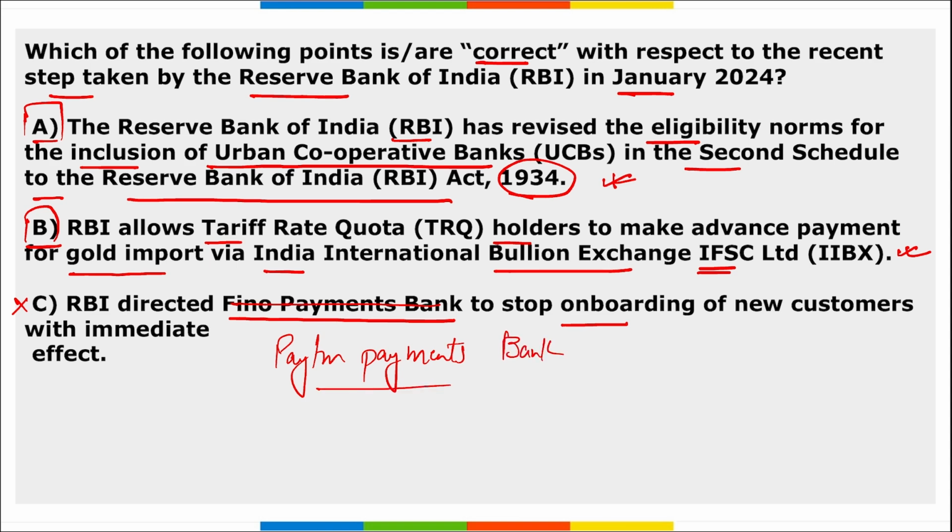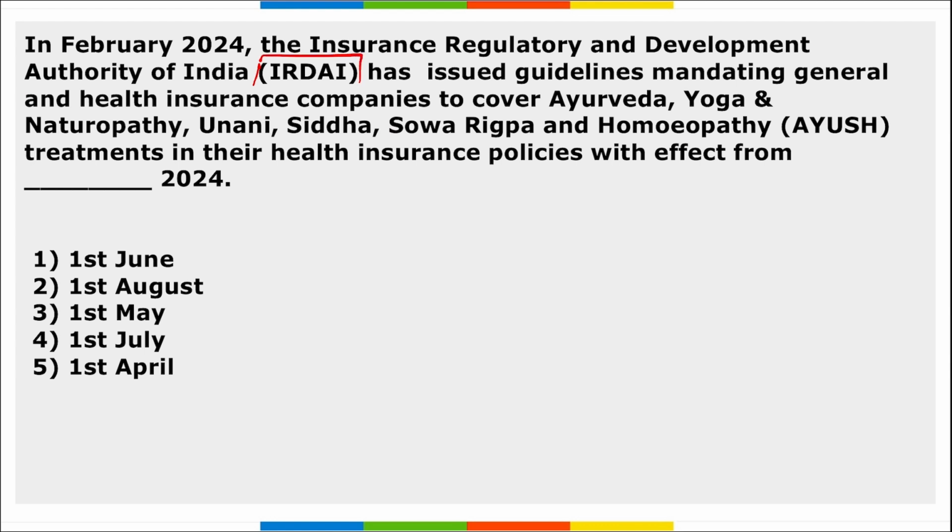Right? Next. IRDAI, that is the Insurance Regulatory and Development Authority of India, has issued guidelines mandating general and health insurance companies to cover Ayurveda, Yoga and Naturopathy, Unani, Siddha, Sowa Rigpa and Homeopathy, that is Ayush treatments, in their health insurance policies with effect from 1st of April.